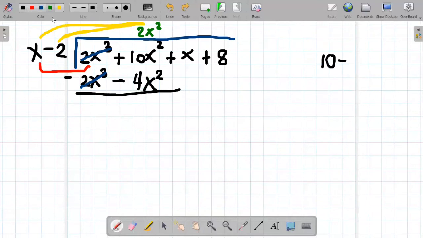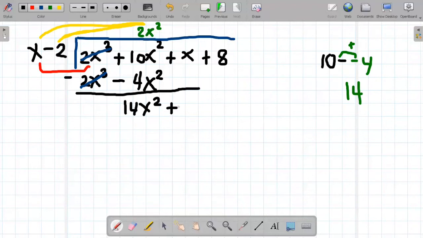So 10 minus negative 4 becomes plus. You will have 10 plus 4 is 14. So when you subtract 10 minus negative 4, that would be equal to positive 14. And then copy x squared. Then you bring down this positive x.